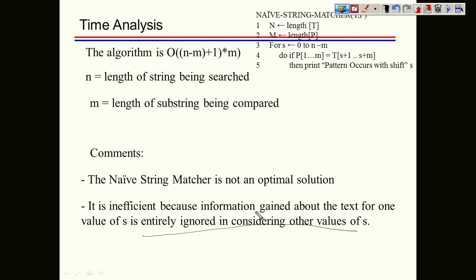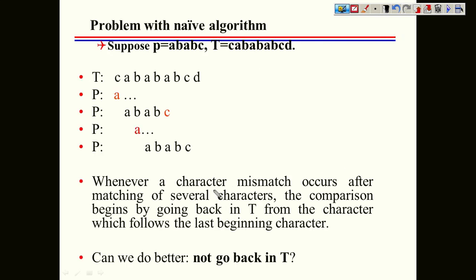What does that mean? Let us look at one example. Let us understand why this algorithm is not good, and why it is costly. Suppose the pattern P is this and the text is this, and we are looking for a string match. So we will write our text here.